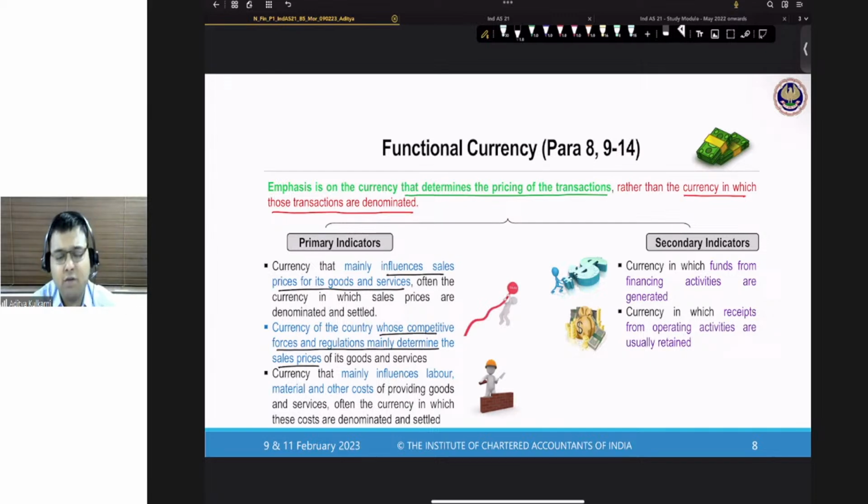In this case, we took the example of a tax structure change. We took the example of a competition in the form of Infosys. We took it in the form of influencing sales prices determined by which currency. And we took into factor the currency that mainly influences labor, material, and other costs. So you have to see which entity, which country is influencing, and that country's currency will become the primary indicator, the functional currency.